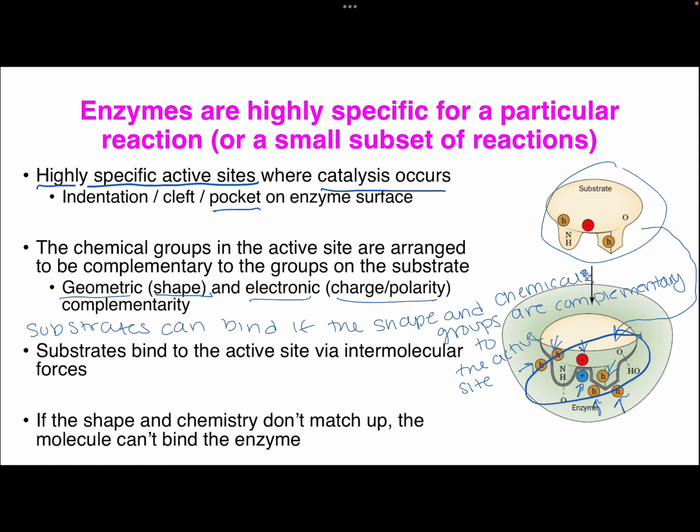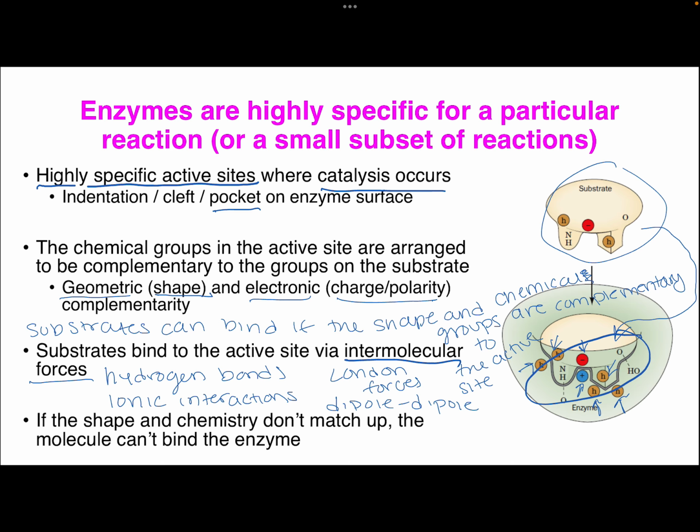Once they're in the active site, they will bind based on the chemical groups that they have via intermolecular forces. So that's the same intermolecular forces that we were talking about last semester. Hydrogen bonds, ionic interactions, London forces, and dipole-dipole interactions.